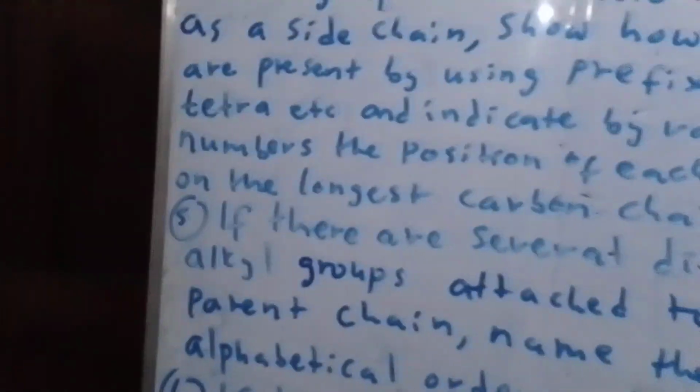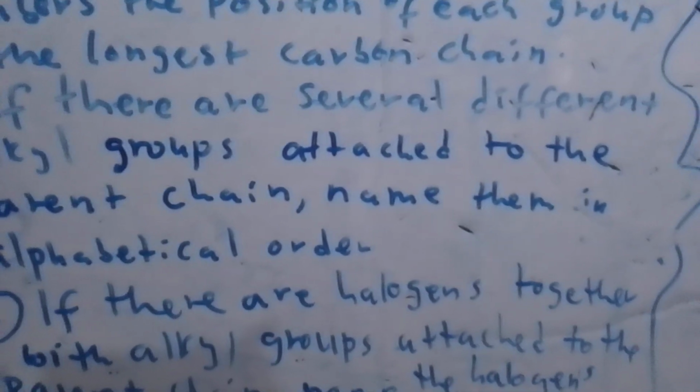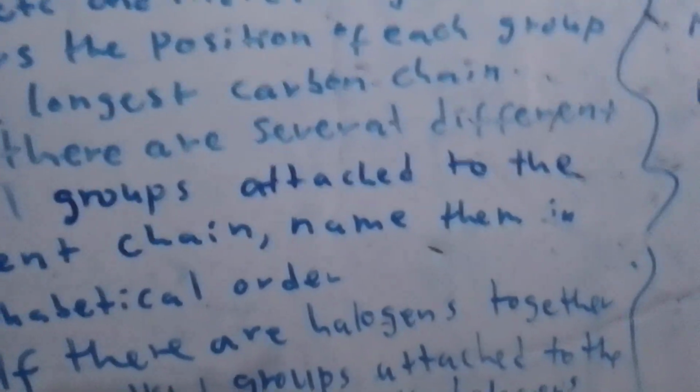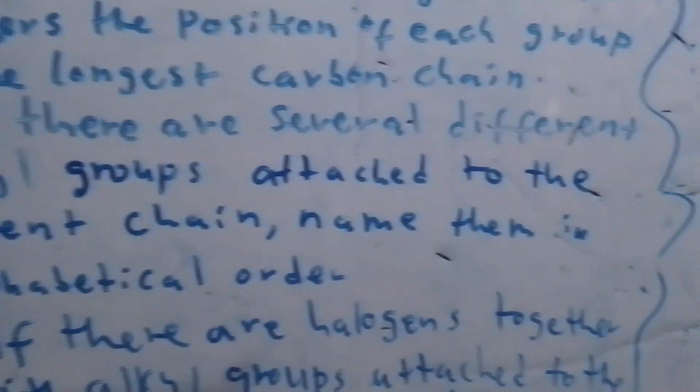Rule number 5 says if there are several different alkyl groups attached to the parent chain, name them in alphabetical order. Now let's pick a typical example to illustrate what we are talking about.